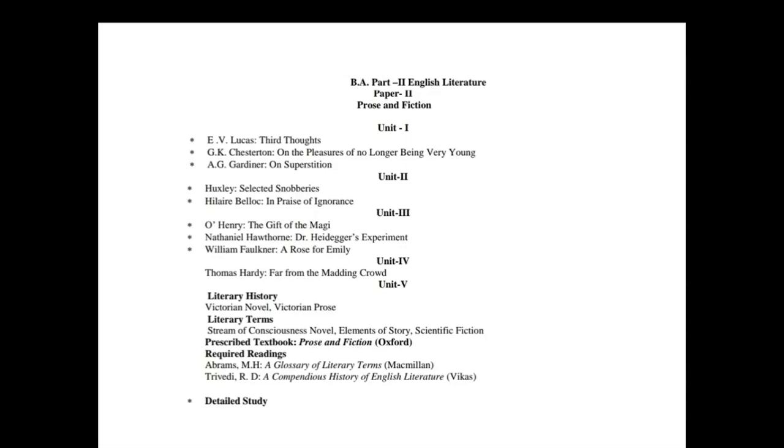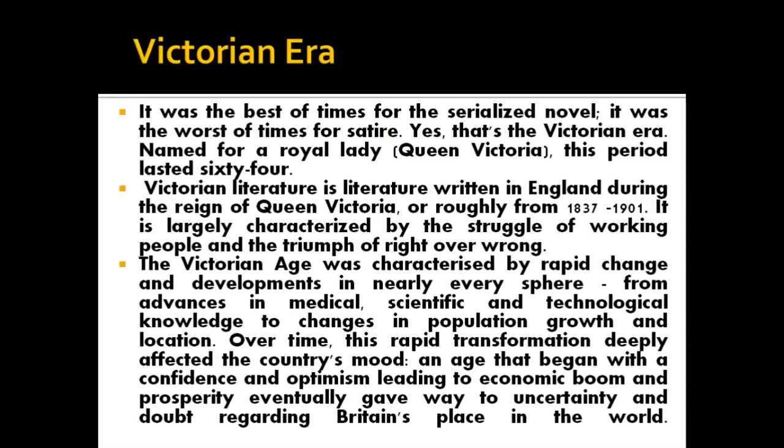And in the last unit we can see the literary history and terms prescribed in our syllabus: Victorian novel, Victorian prose, and terms such as stream of consciousness, novel, elements of a story, scientific fiction, etc. So that's it for this lecture.